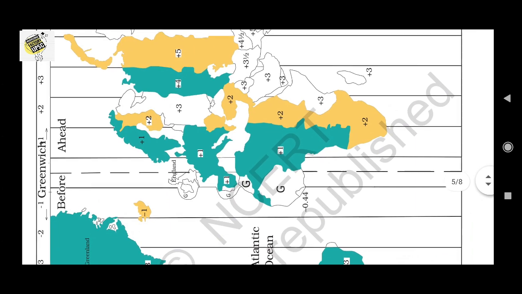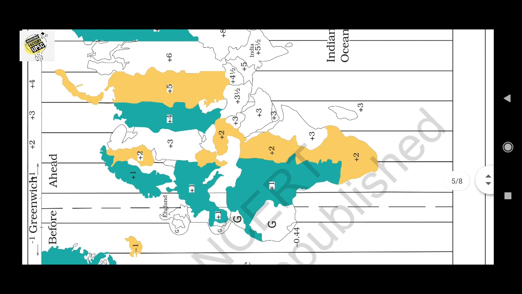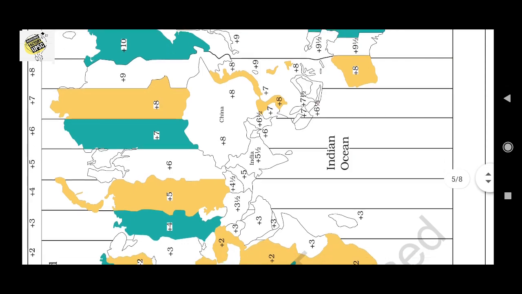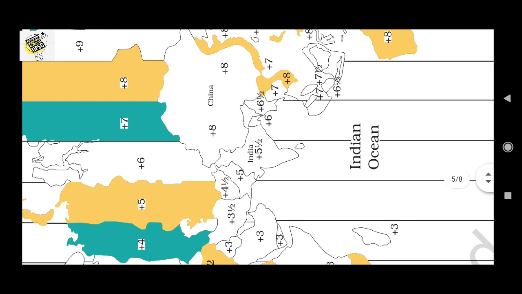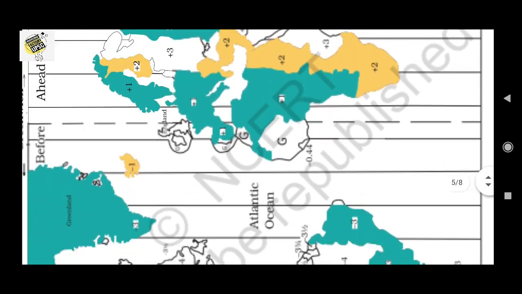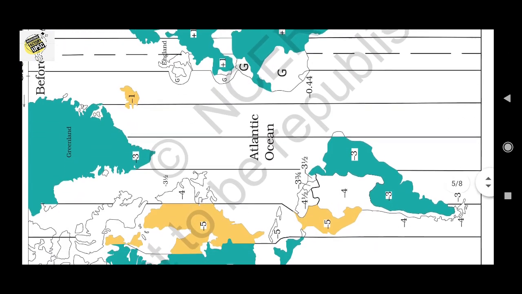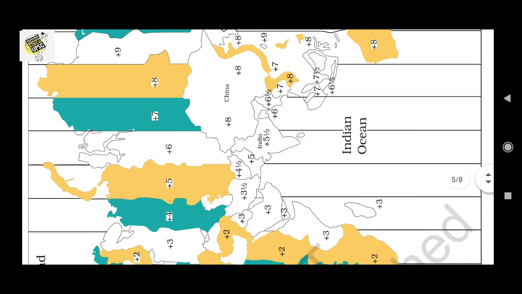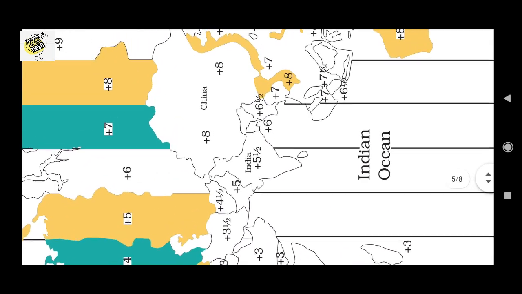So from the Greenwich line, India is ahead by 5.5 hours. So if in Greenwich it is 12 p.m., in India it will be 5.5 hours ahead.